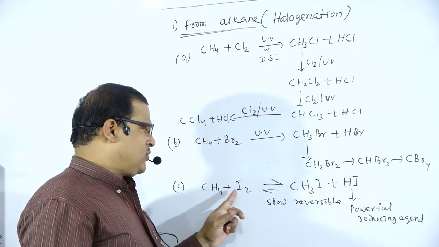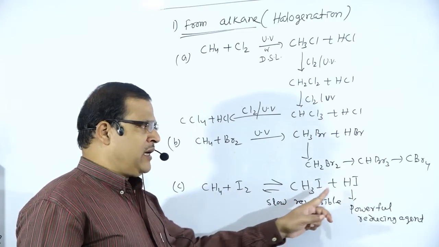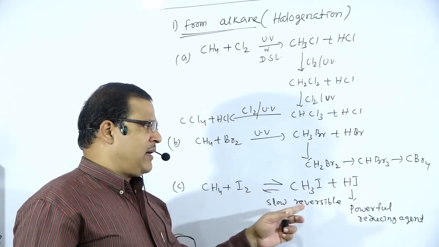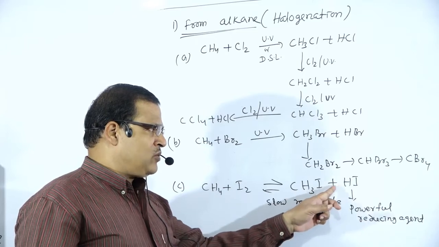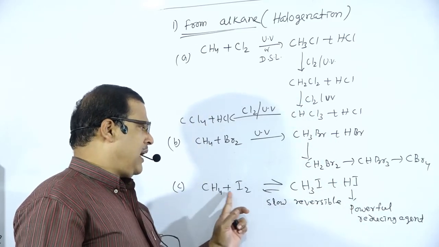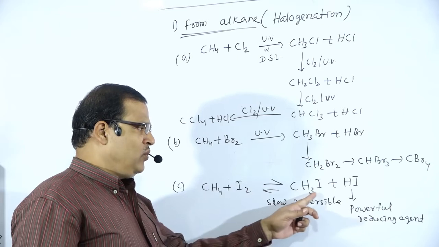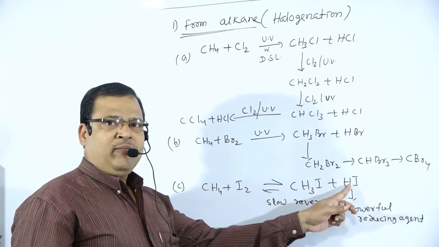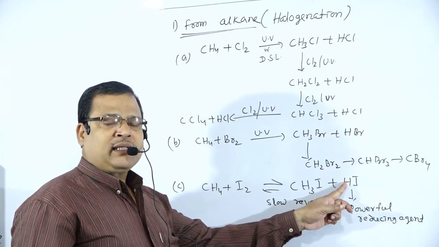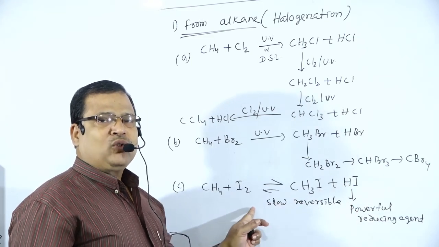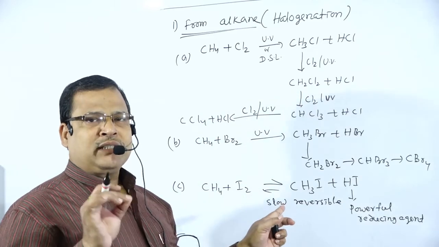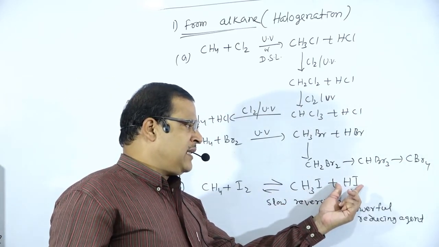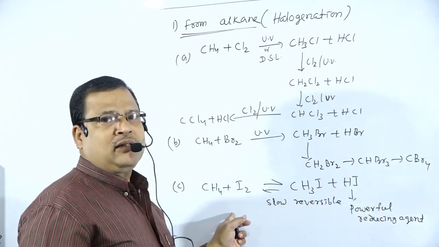Methane combines with iodine to form methyl iodide and HI. Again, if the reaction proceeds in the backward direction, methyl iodide reacts with HI to form methane and iodine. We want to find the product. So this HI takes the reaction in the backward direction.